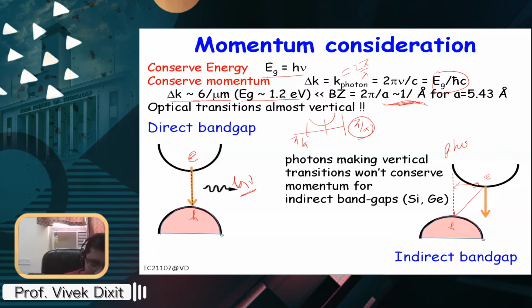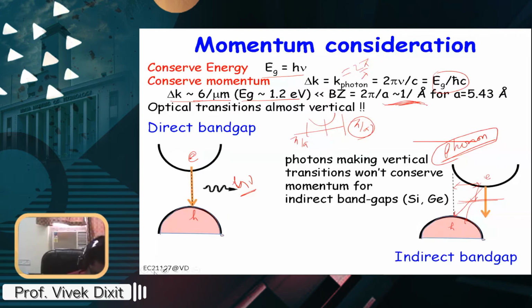That means this process is not just electron-hole recombination and a photon; it will involve another particle, the phonon or lattice vibration. So this process becomes inefficient. That's why in an indirect band gap semiconductor, this is usually a two-step process via a trap level.